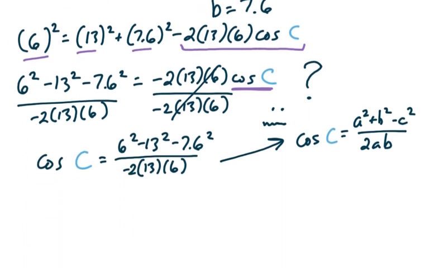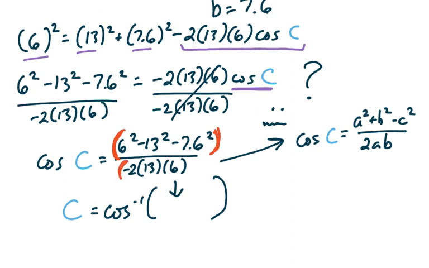So once I plug that in, and I'm going to take the inverse of both sides, I'll get the cos-inverse of this massive formula. Now, when you plug it in, we saw this in class a couple times, the calculator is kind of annoying, and it doesn't understand everything unless you put parentheses. So these two red parentheses on the top are really important. Surround your entire numerator with those parentheses.